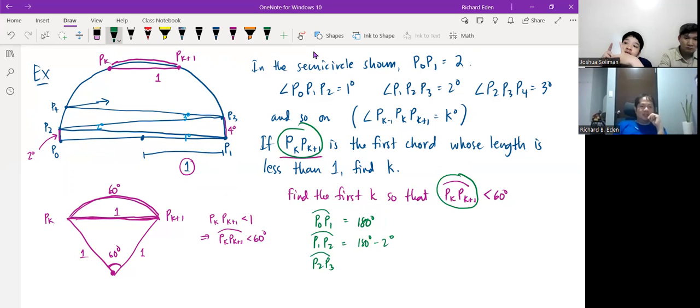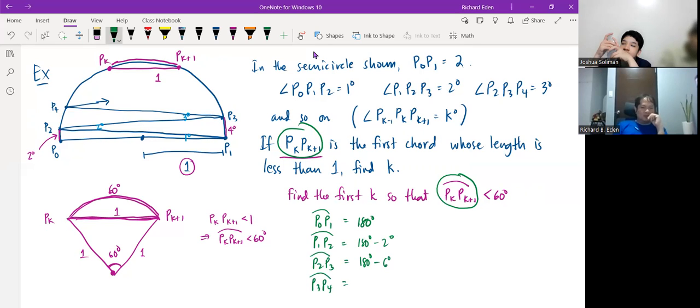So P2, P3. This is lower than 180 degrees, but minus 6. Where did 6 come from? 2 plus 4. All right, so minus 6 degrees, 2 plus 4, but maybe this should be much faster now.